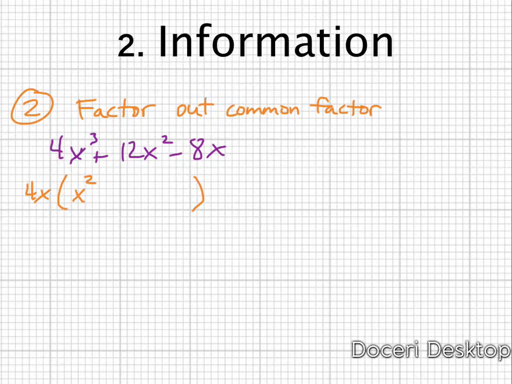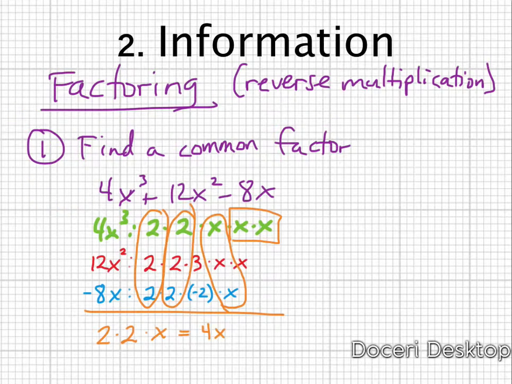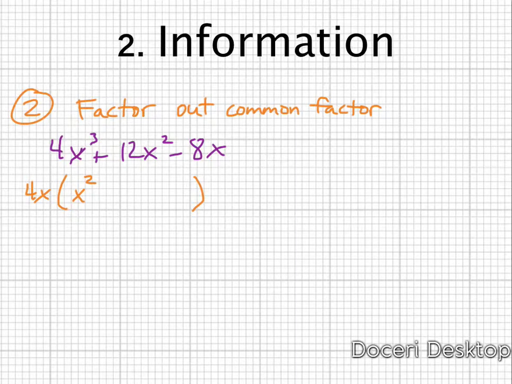And then I think about, what do I multiply 4x by to get 12x squared? You can again go back to your factor. We have a 3 here, and we have an x outside. So 4x times positive 3x gives me 12x squared.